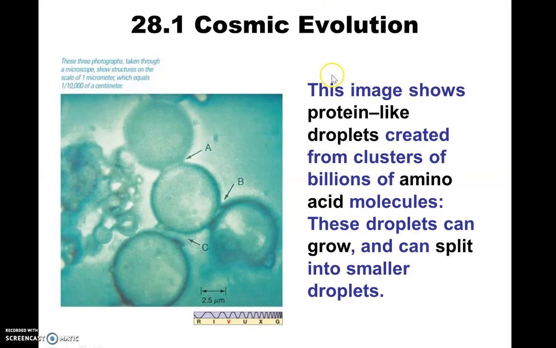All right, let's see. So in this image, we're seeing some protein-like droplets that form from clusters of many billions, as it says, of amino acid molecules. So these are various amino acids, and these things split and they form smaller droplets, as it's showing right here.